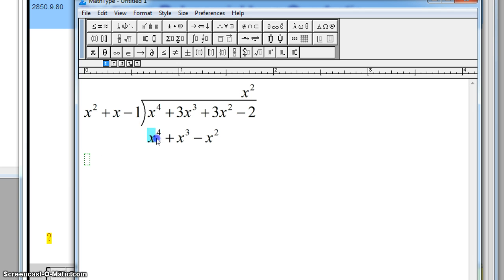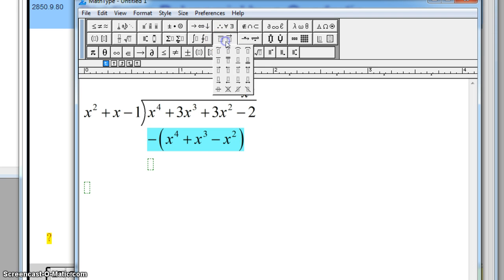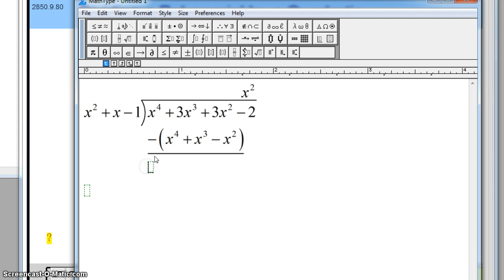So let's set this up here. Put a negative sign in front because we're subtracting this from this. So we'll subtract each term. That's distributing the negative sign. Let's draw a little line here. Okay, so x to the fourth minus x to the fourth is 0, and that's by design. 3x to the 3 minus x to the 3 is plus 2x to the 3.